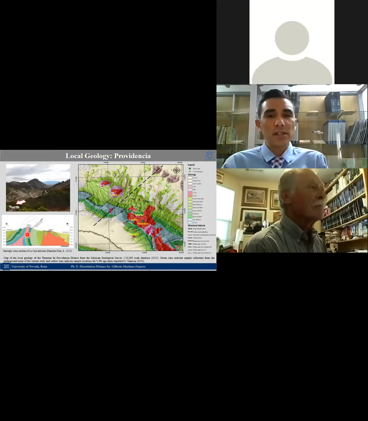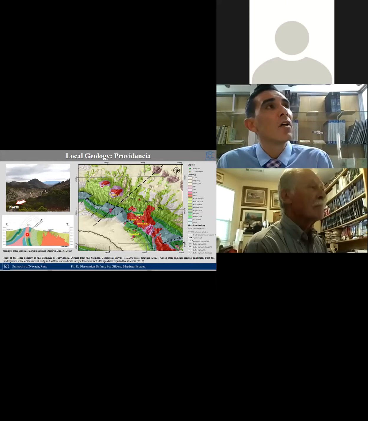At the Providencia study site, we include this locality to try to enhance the big picture, although the fieldwork consisted of just 2-day visits to the underground mine. So for this research, all the samples were taken in the underground mine, and a few of them were taken from drill holes.